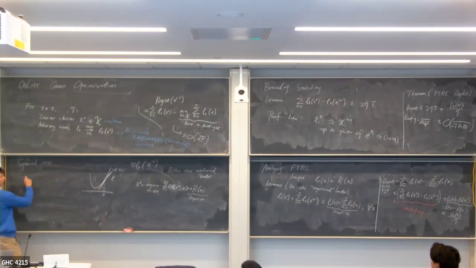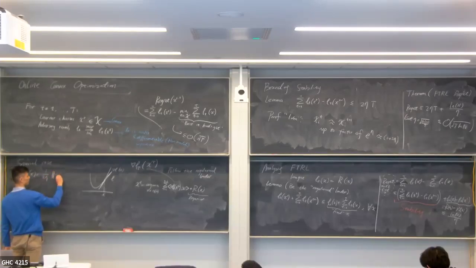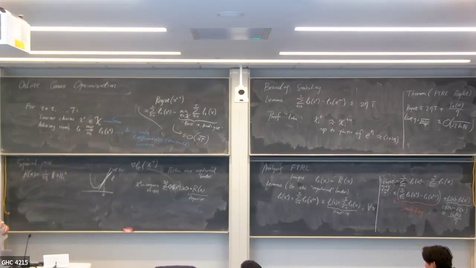So I'm going to pick this as the regularization term. Do you know what this means? L2 norm. Okay, Euclidean norm. And for now, I'm going to think of this feasible space X as the entire space. So this is the so-called unconstrained case.